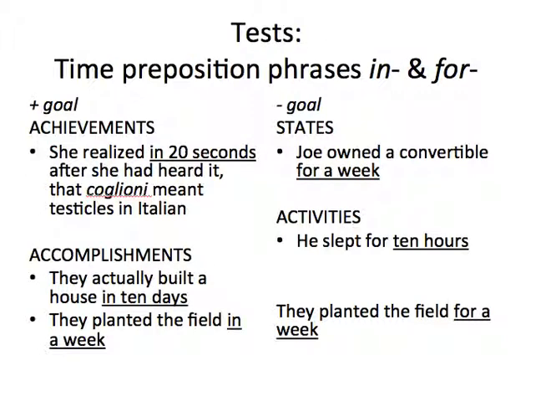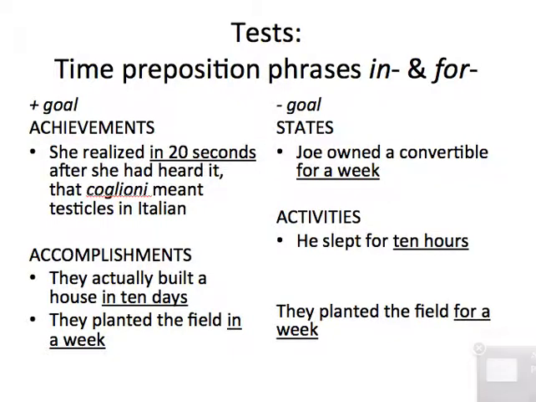Some of the tests we can use are with time prepositions, phrases like in and for. So if you think about achievements, which is plus goal, you can use the preposition in with a time phrase. So she realized in 20 seconds after she had heard it that coglione meant testicles in Italian.